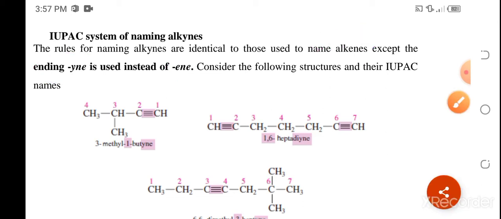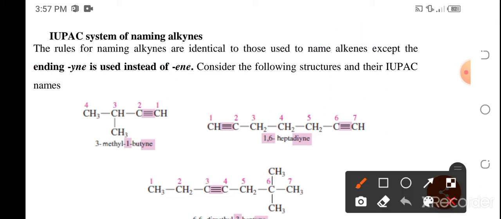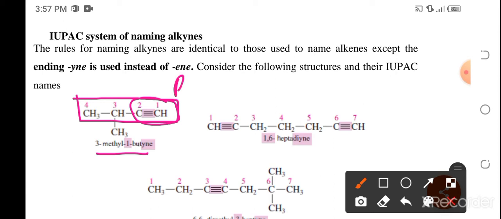Okay, let's have this example. 3-methyl-1-butyne. How did it become butyne? Because the longest chain is 4 carbon atoms, and again, the triple bond should be included in the parent chain. It was numbered from right to left so that the carbon atoms that bear the triple bond will be first and second.